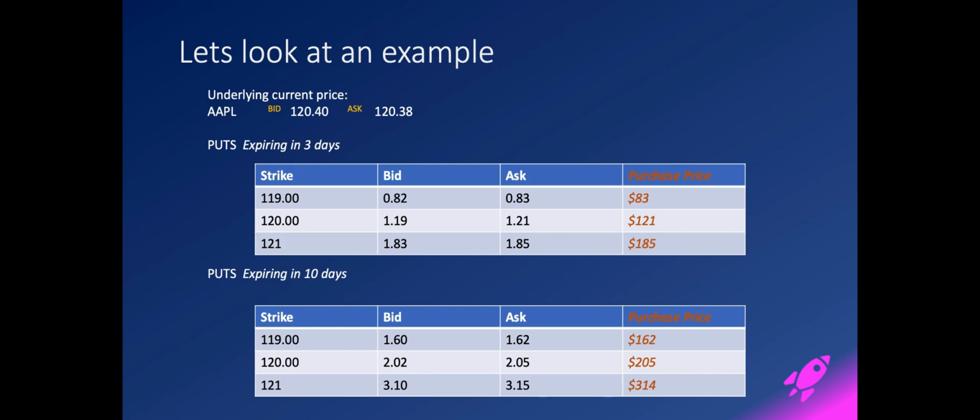So the stock price is going to decrease. So again, puts expiring in 3 days works the same way, where you would multiply by 100 to get the purchase price of each option contract. So again, if you look at puts expiring in 3 days versus puts expiring in 10 days, there's a price difference because you're paying for time.